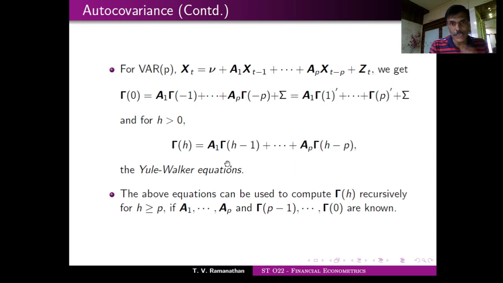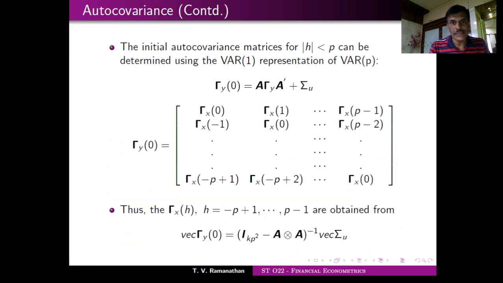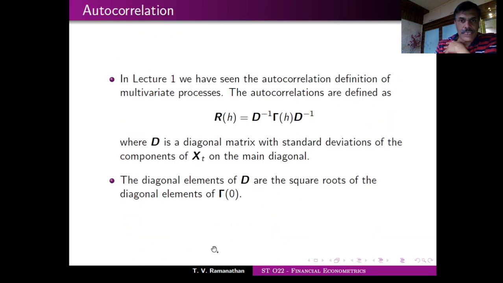In the case of VAR, yes, this equation. Because I have converted A1, A2 to A, I'll get this equation. But the first two or first three, depending on the order, you need to compute using this vec notation. Okay, so that's what this is, and then you will get these matrices.